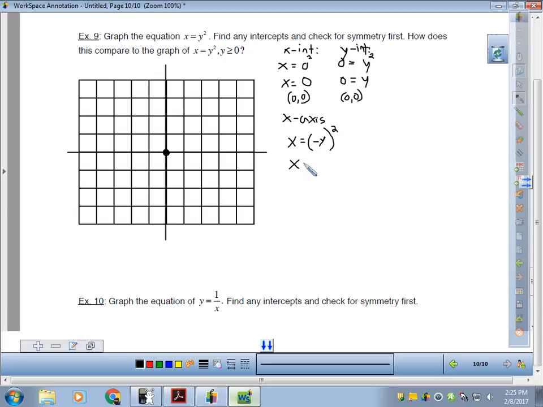So x equals, when we take a negative y and multiply it by another negative y, a negative times a negative gives us a positive. So this is going to be a positive y getting squared. Compare that to the original. Are they the same? They are the same. So we can say that this thing has x-axis symmetry.